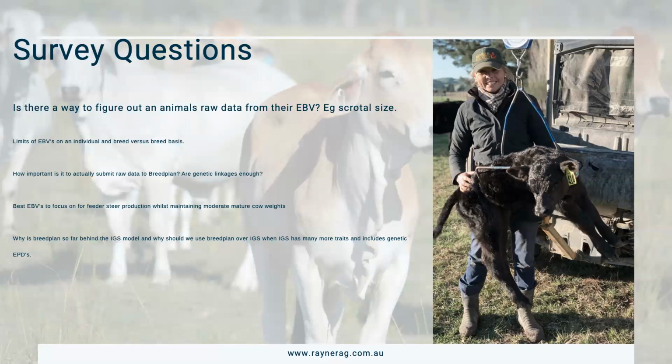And is Breedplan so far behind the IGS model? I actually think it's well in front of the IGS model for lots of those reasons that we talked about before, in terms of reference populations and the relationships between that BLUP model compared to the BOLT model that IGS actually uses.